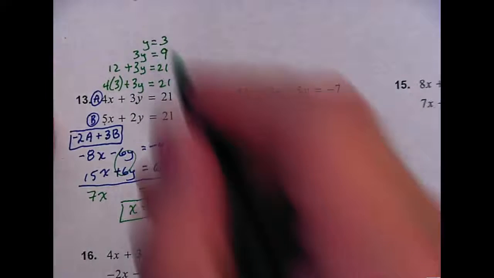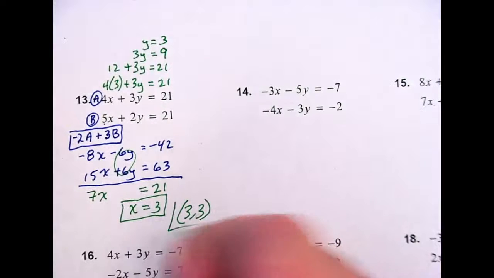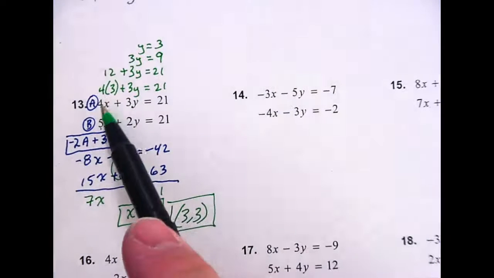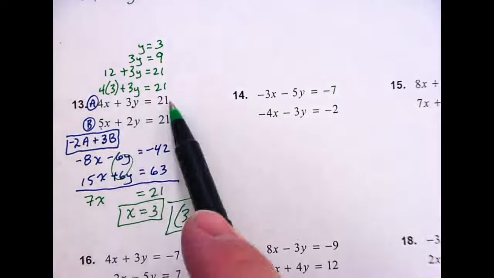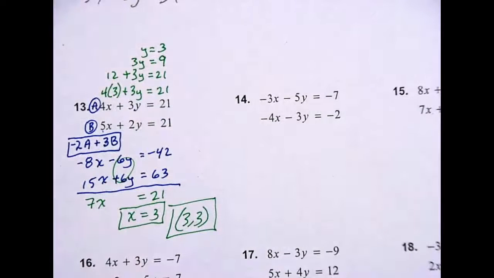Okay, so I now have x equals 3 and y equals 3, so the ordered pair 3, 3. Any questions there? Now, who eliminated y first? Did you get 3, 3? All right, cool. And we test them out, right? That would be 12 plus 9 equals 21, and that's right. And 15 plus 6 equals 21. That works out as well.